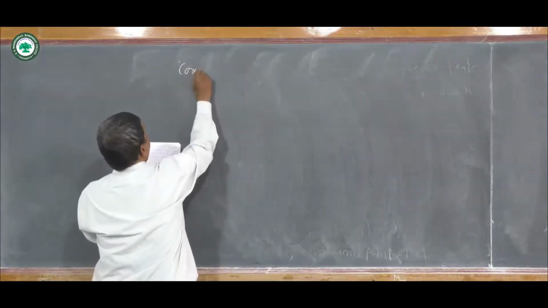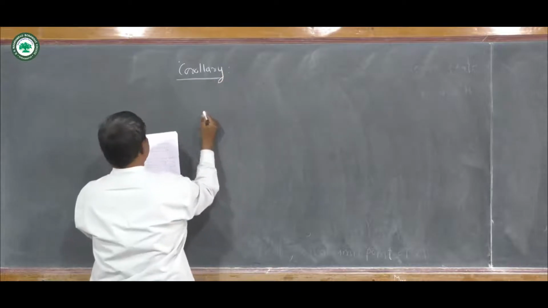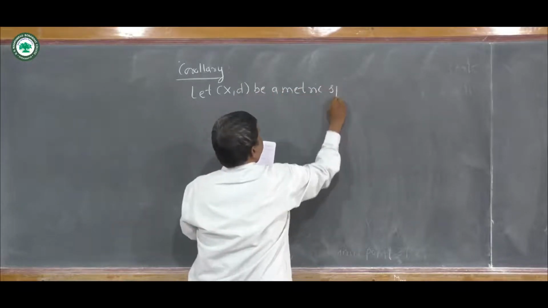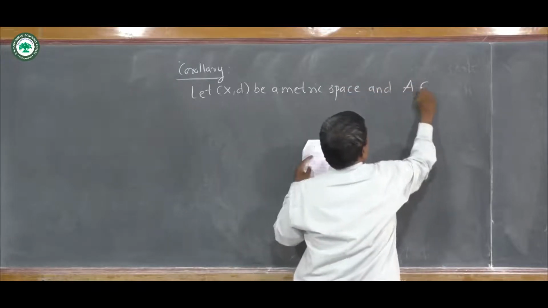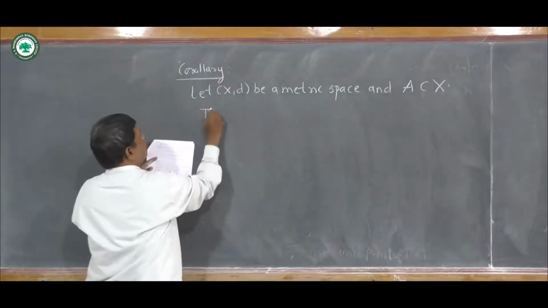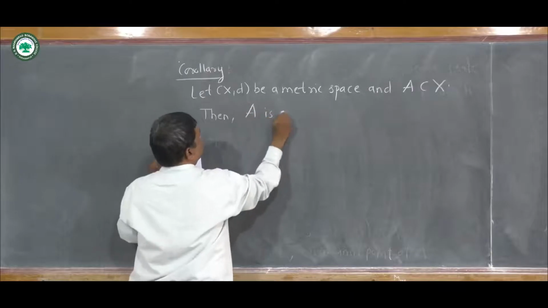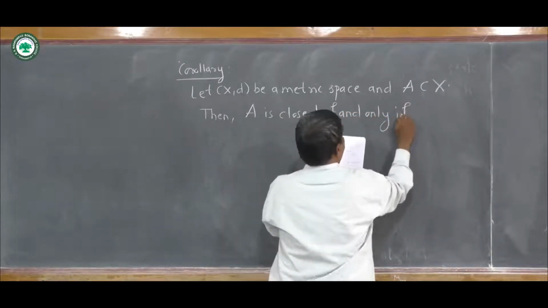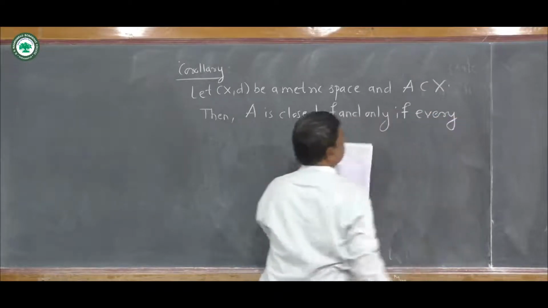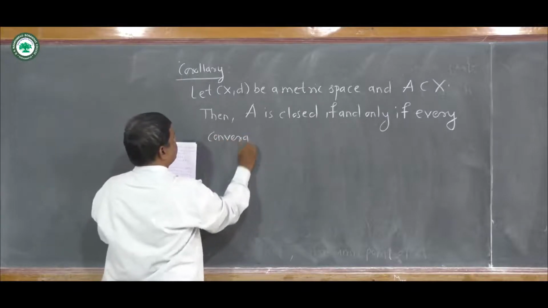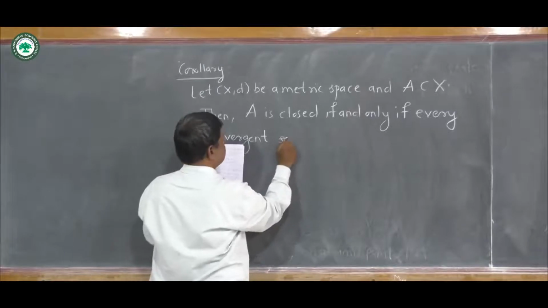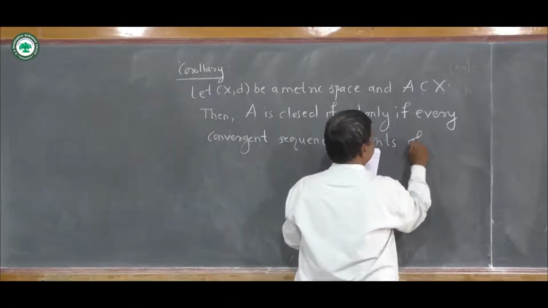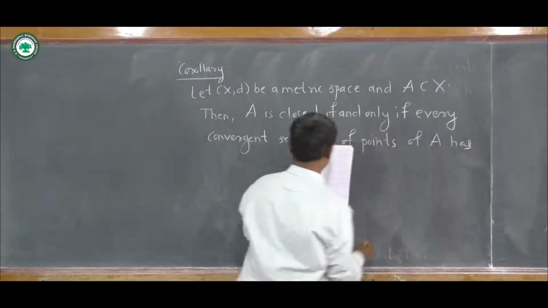The statement is this: let (X, d) be a metric space and A be a subset of X. Then the set A is closed if and only if every convergent sequence of points of A has its limit in A.